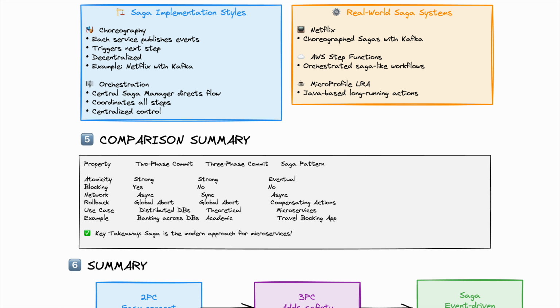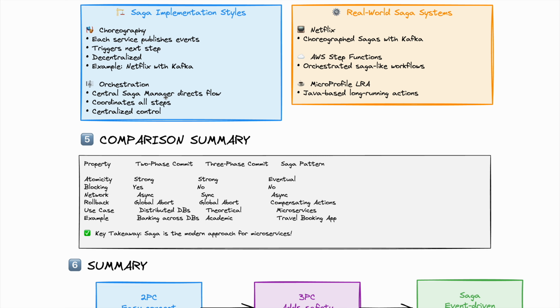So what are the Saga implementation styles? The first one is choreography. In choreography, each service publishes an event and it triggers the next steps. It's decentralized. An example would be Netflix with Kafka. But the one that we have seen earlier is orchestration.